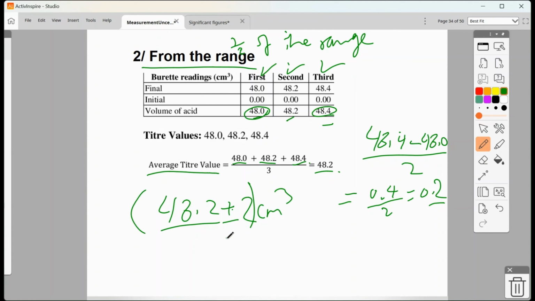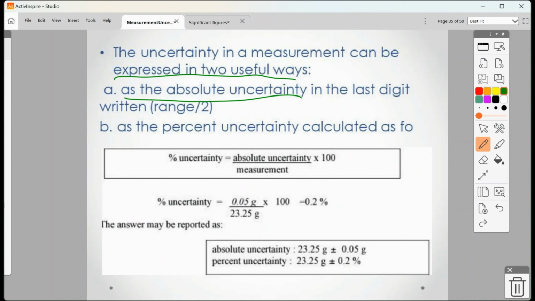This uncertainty is called absolute uncertainty. So this is one mechanism. And as we said, if we have a measured value and we don't have the device, just find the range and divide by 2.